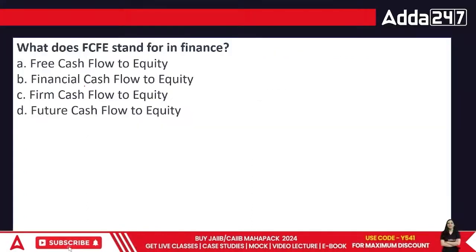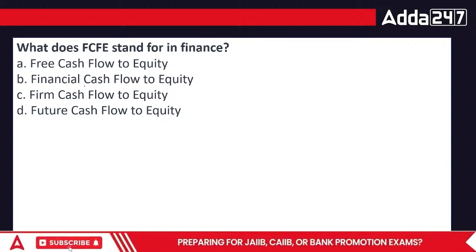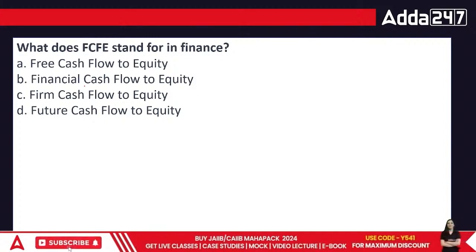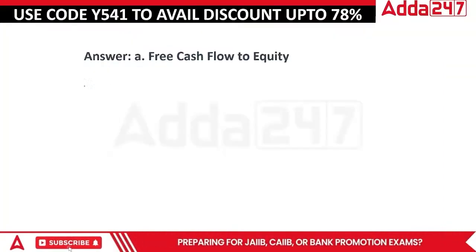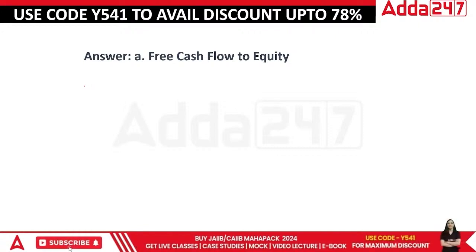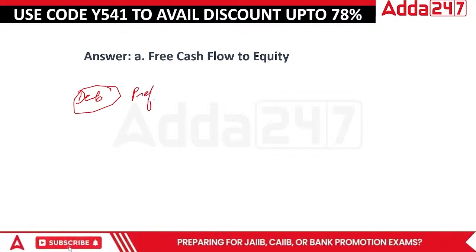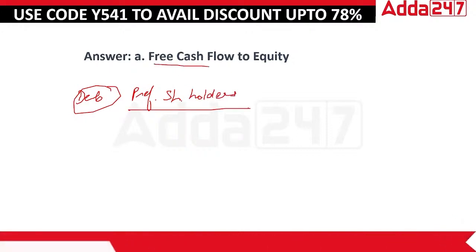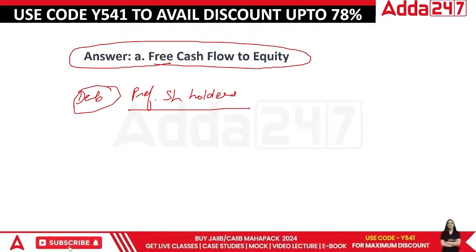Next question. What does FCFE stand for in finance? Free cash flow to equity, financial cash flows to equity, firm cash flows to equity, or future cash flows to equity? When we talk about FCFE, this is free cash flow to equity. That means after making the payments to all the others, debenture holders have to be paid, preference shareholders have to be paid. When all these people are paid up, then whatever is left is kept for equity. Then it is called FCFE.